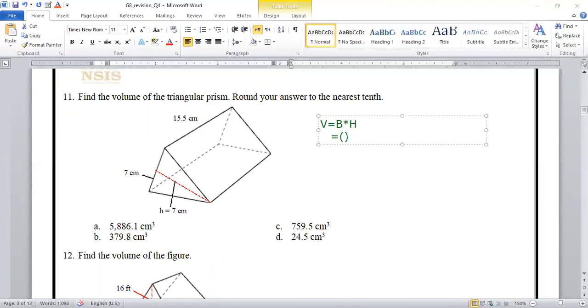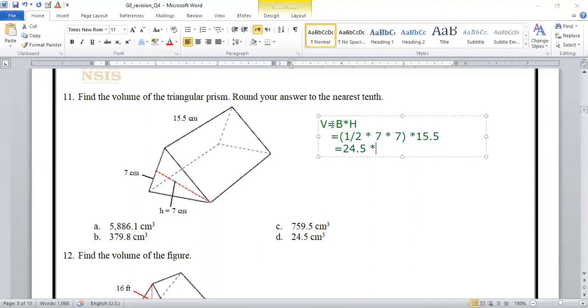So the area of the base equals half times 7 times 7, which equals 24.5.